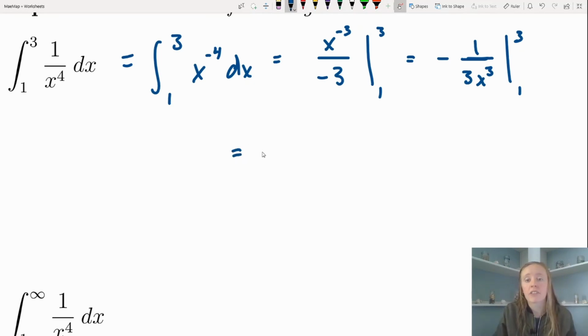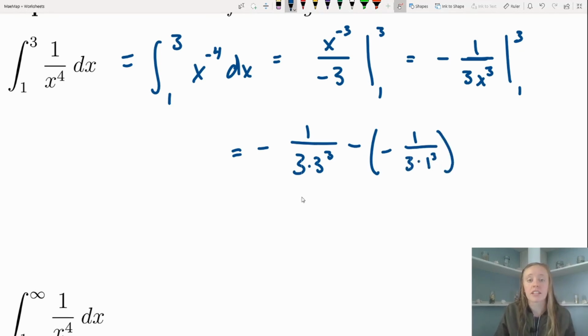So I'm going to have negative 1 over 3 times 3 cubed, minus a negative 1 over 3 times 1 cubed. Simplifying, negative 1 over 3 times 3 cubed is 1 over 3 to the fourth, which is negative 1 over 81, and then I'm subtracting a negative, so that's adding 1/3.